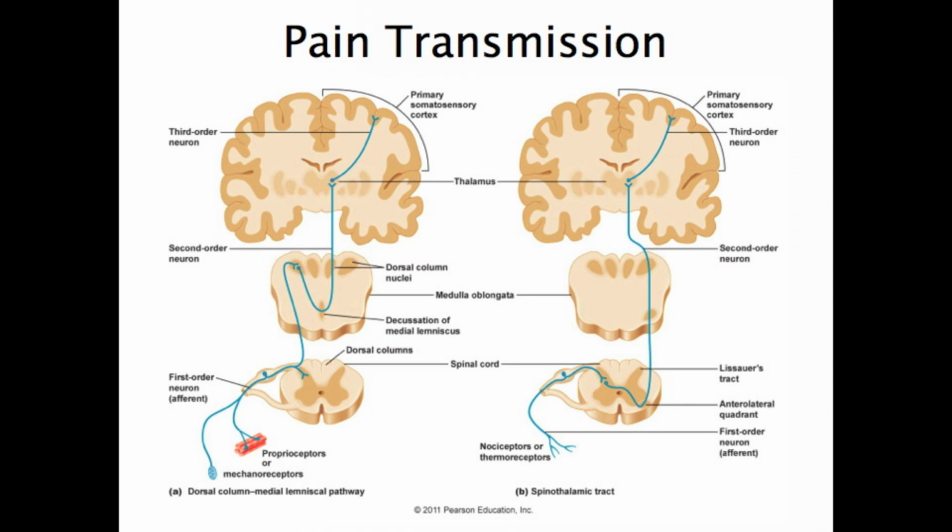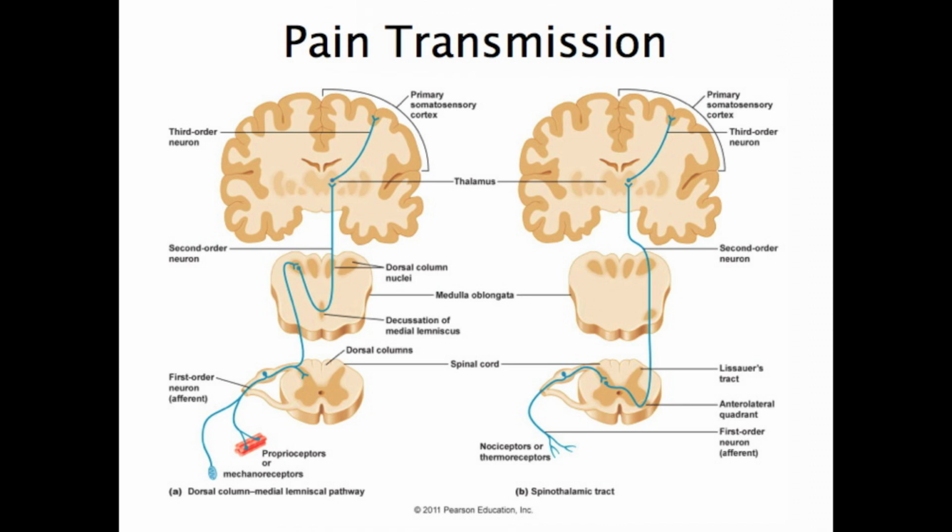Pain is different. First of all, pain receptors synapse in the spinal cord. Instead of going up to the brainstem first, they synapse on the same side, and this is called the spinothalamic tract, which you have to like neuroanatomists who do spinal cord work, because they name things in an intelligent way based on where they are and what they do, unlike the brain people who name things based on what they look like, the amygdala.